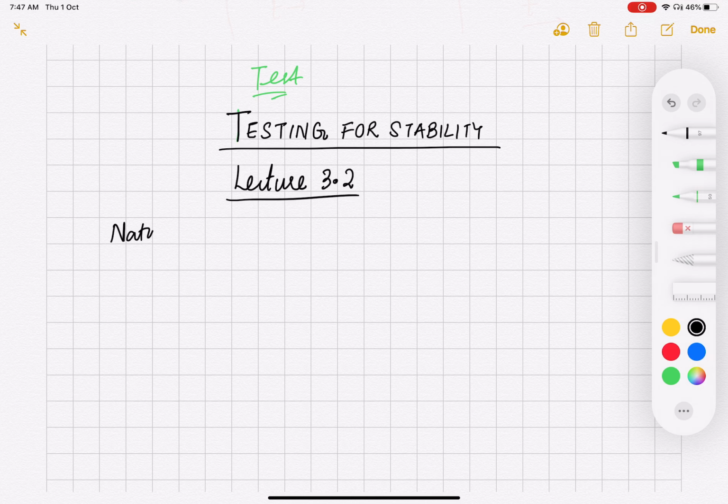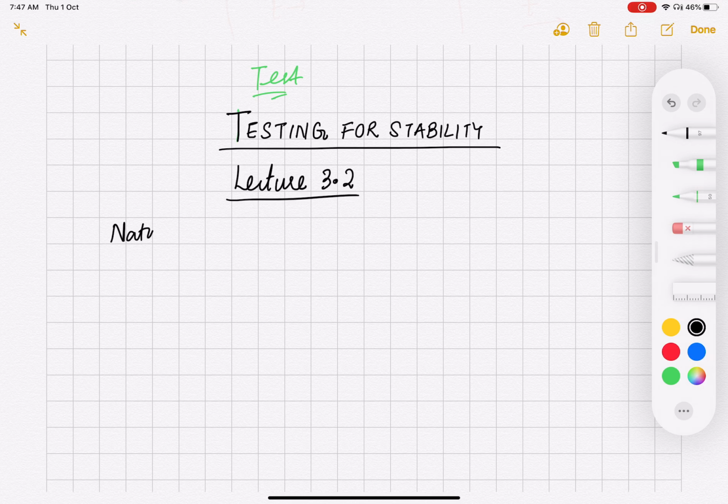We'll find the poles by putting the denominator of the transfer function equal to 0. And this equation is called the characteristic equation. The denominator is called the characteristic polynomial.